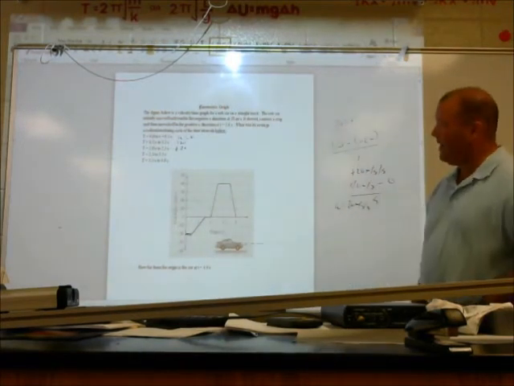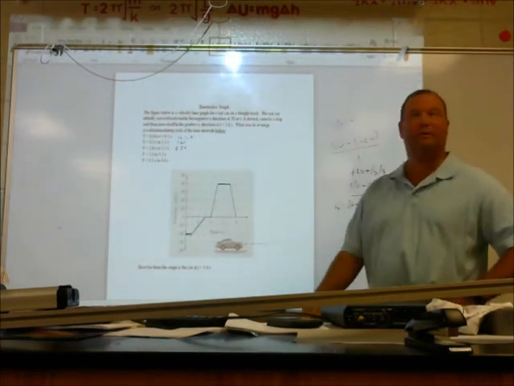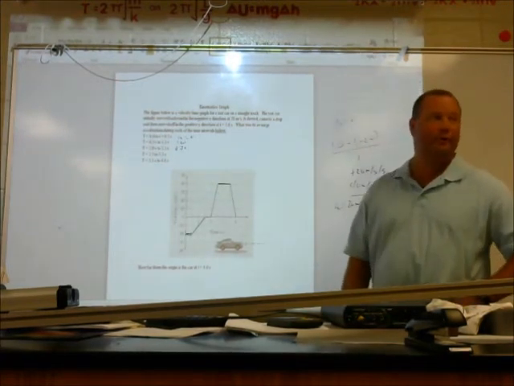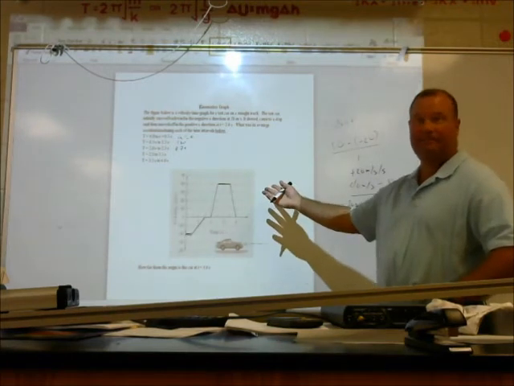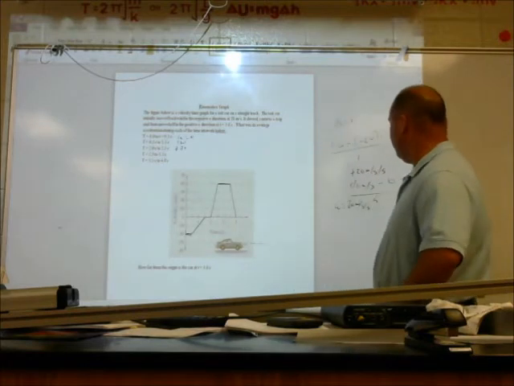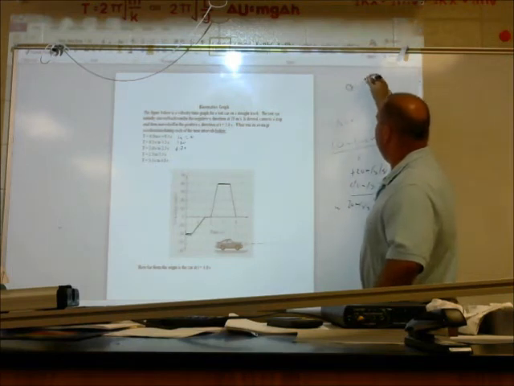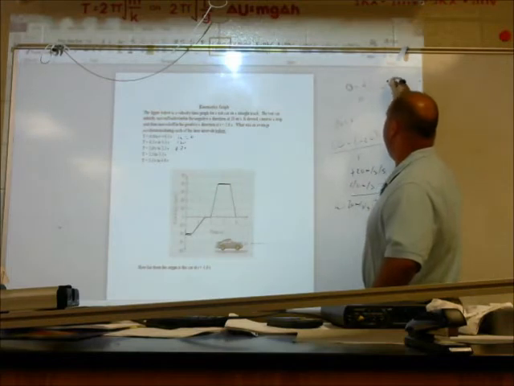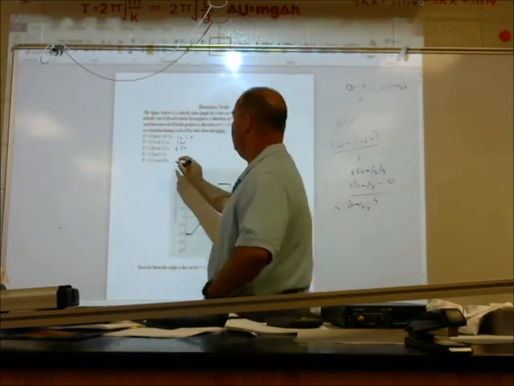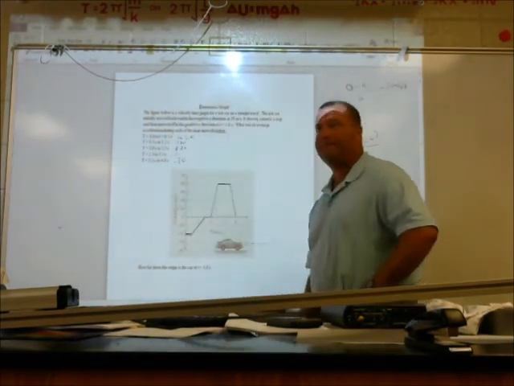From 2.5 to 3.5, the velocity stays the same. And then in the last part, from 3.5 to 4, my final velocity is 0 minus 40 over 0.5 gives me negative 80 meters per second per second. Is everybody good there?